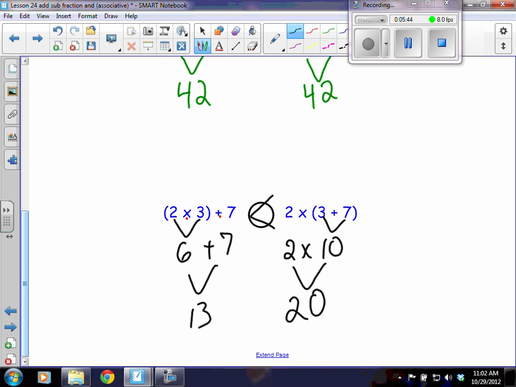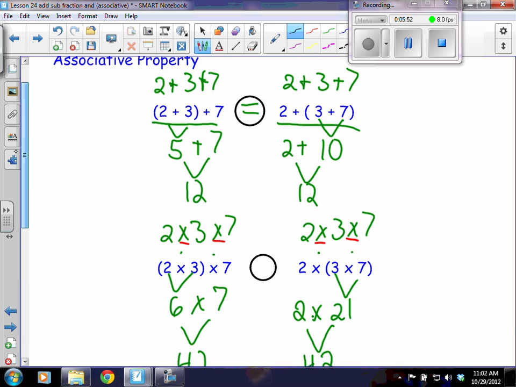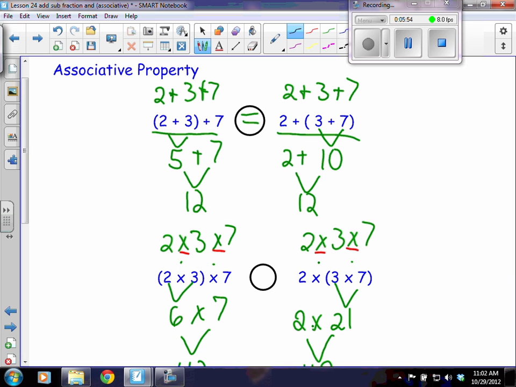The associative property does not apply. Right? So it only works when we're dealing with only one of those two types. When we have all pluses, it works. When we have all multiplying, it works. And so we have that idea.